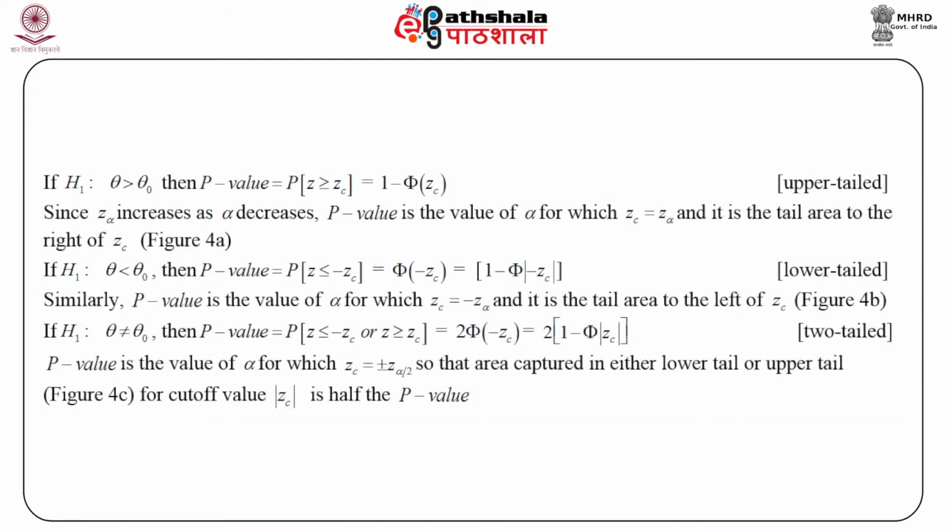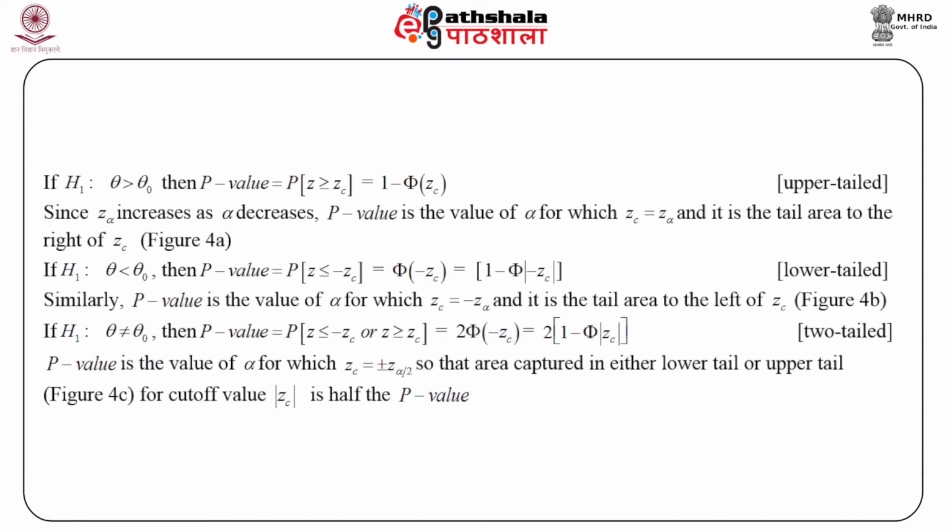If H1 is theta greater than theta 0, then the p-value can be written as P(Z greater than or equal to ZC), which is equal to 1 minus phi(ZC), which is upper-tailed. Since Z alpha increases as alpha decreases, the p-value is the value of alpha for which ZC is equal to Z alpha, and it is the tail area to the right of ZC, which is our figure 4a.